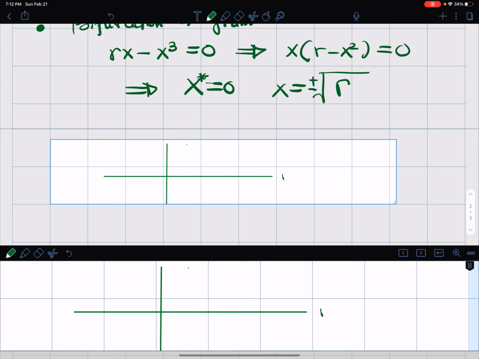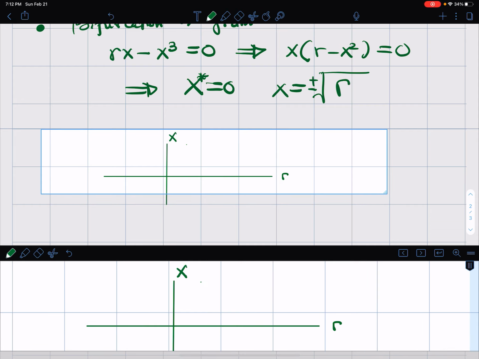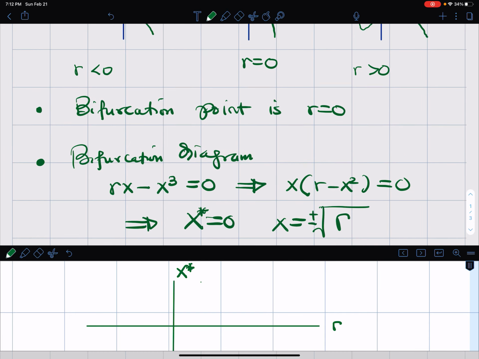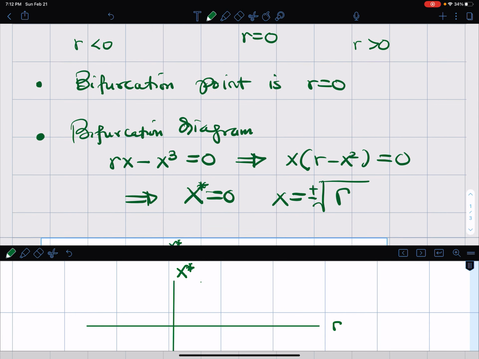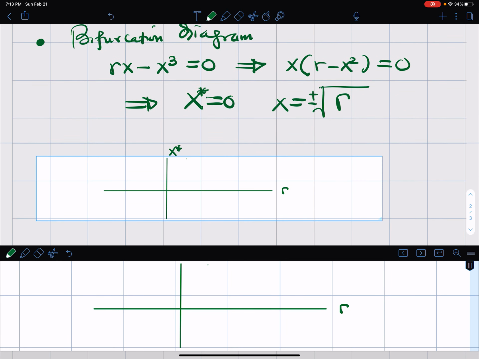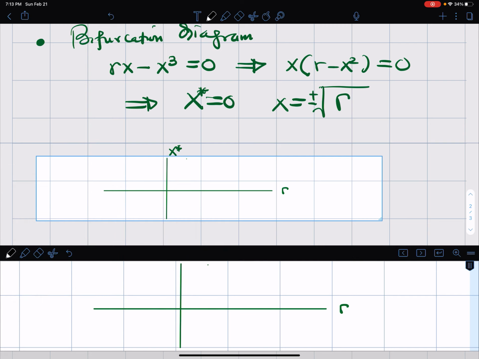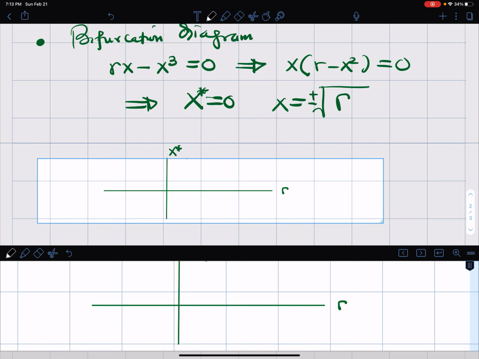This is our r axis, and then x star is this axis. I'm going to do our bifurcation in black.